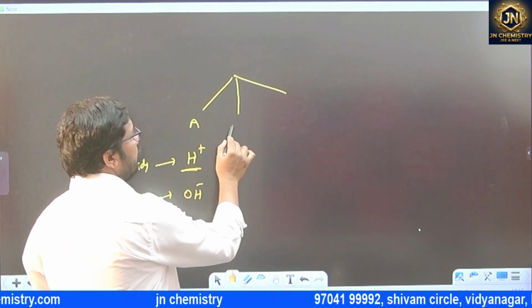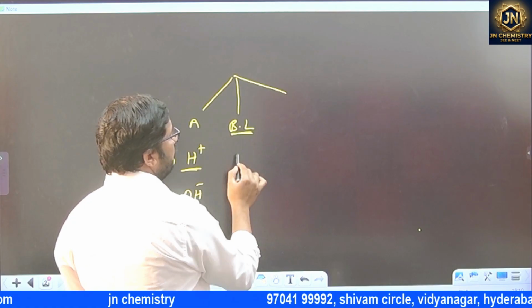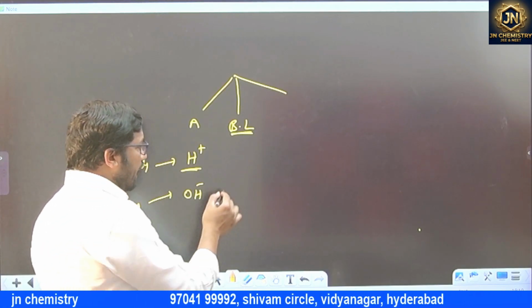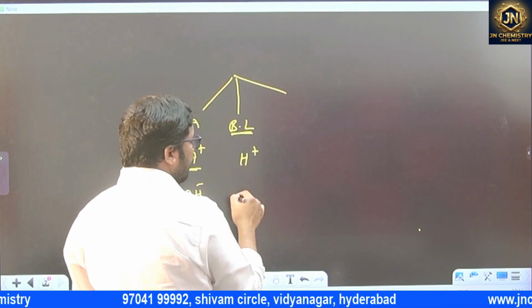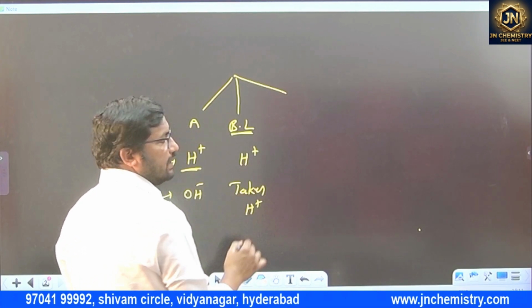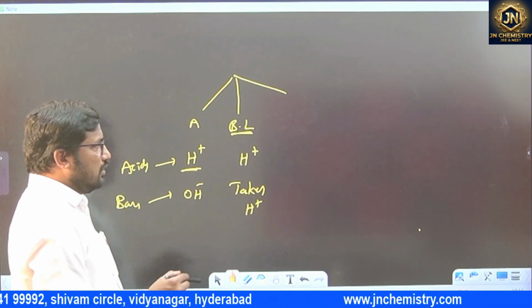According to Bronsted-Lowry theory, the compounds which give H plus ions are acids, and which take H plus ions are bases.